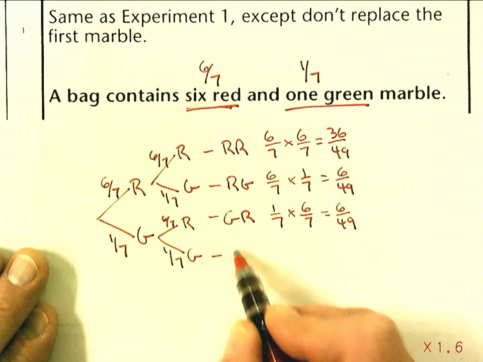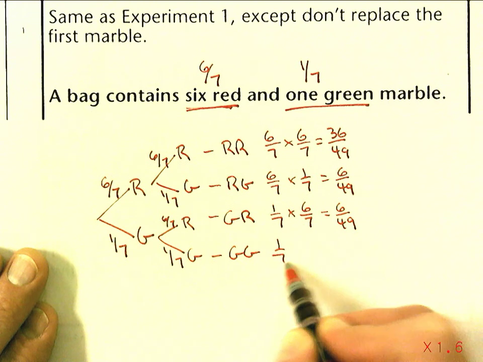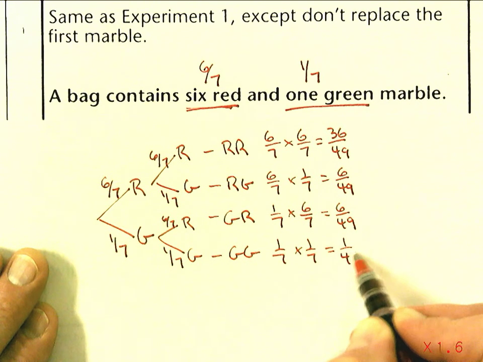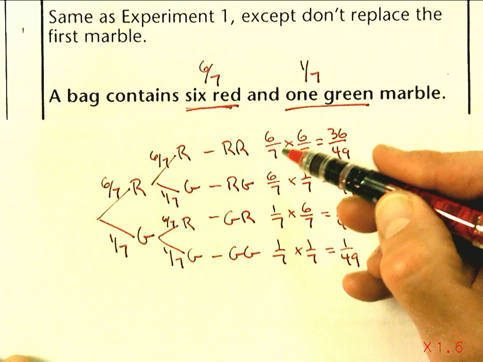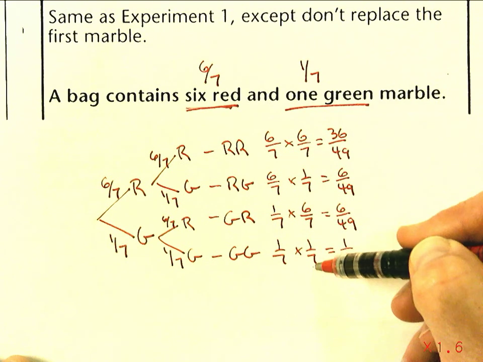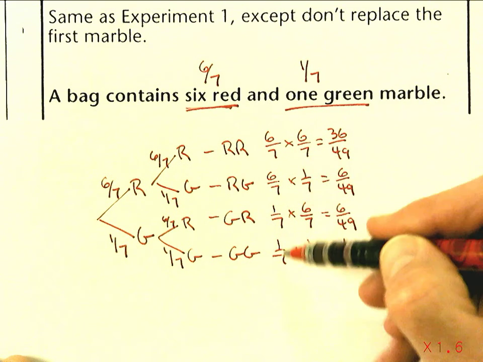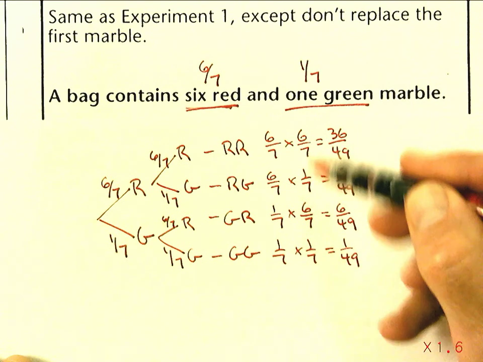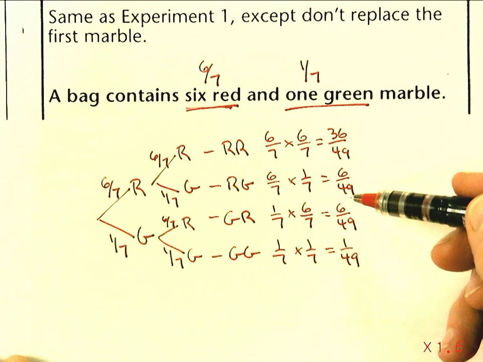And then green-green, 1/7 times 1/7, or 1/49. And really you can see from the fractions we have the same numbers of marbles in the bags for both draws. So we've replaced the marble after we took it out, and then we drew again. And so these are the probabilities with replacement.